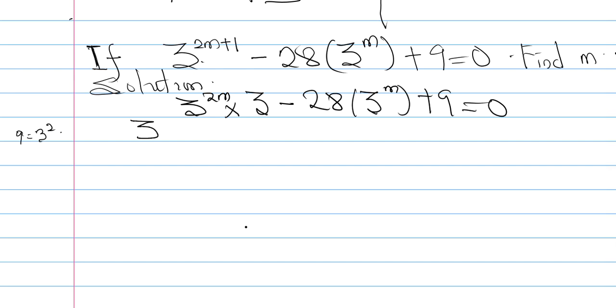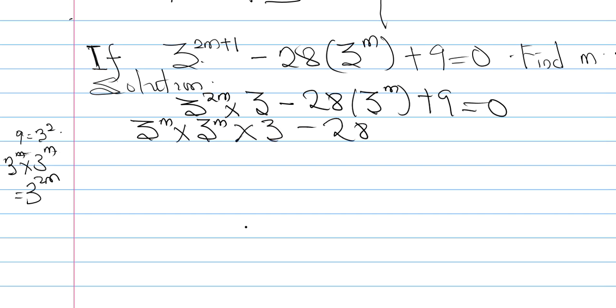I can see 3 raised power m times 3 raised power m, 3 raised power m times 3 raised power m to give us 3. Write your 3 and add the power. M plus m is 2m, times 3 minus 28 into 3 raised power m plus 9 equal to 0. Now let k equal to 3 raised power m.